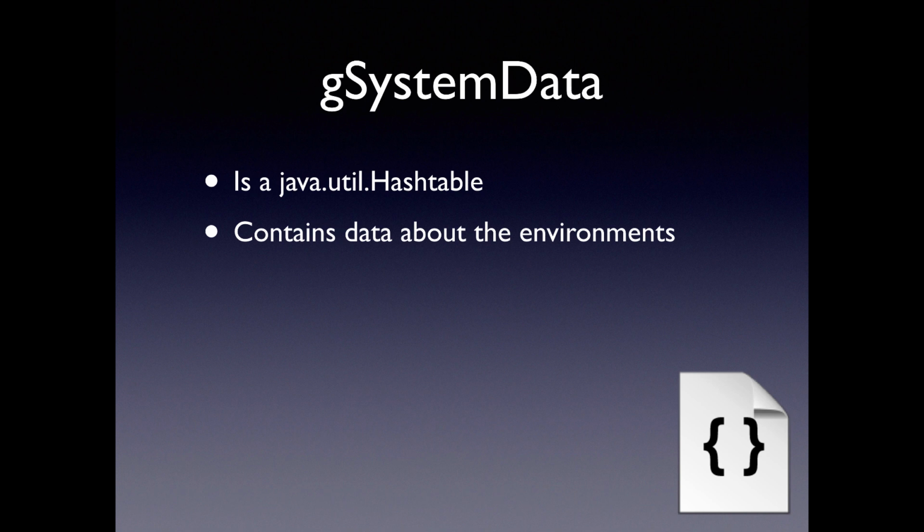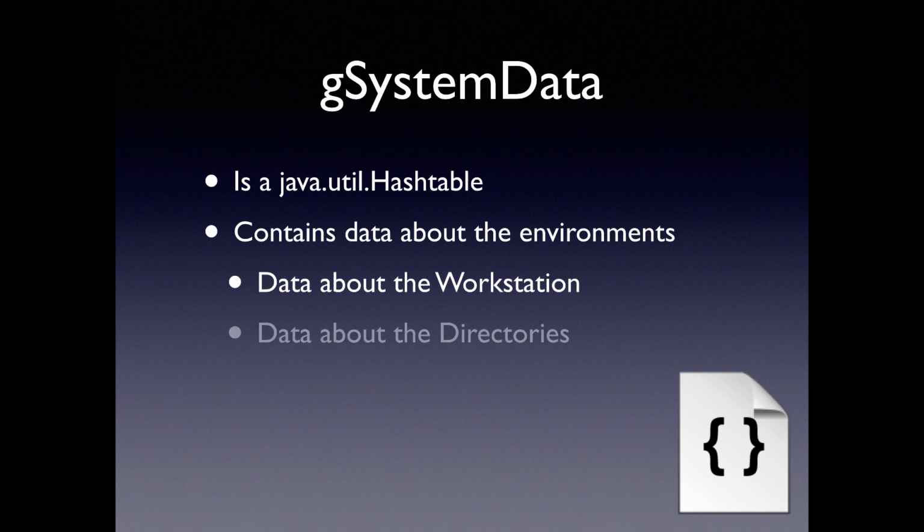And it falls kind of broadly into 4 categories of data. The first is data about the workstation. The second is data about the directories that the workstation is using. The third is report context, and the fourth is other.